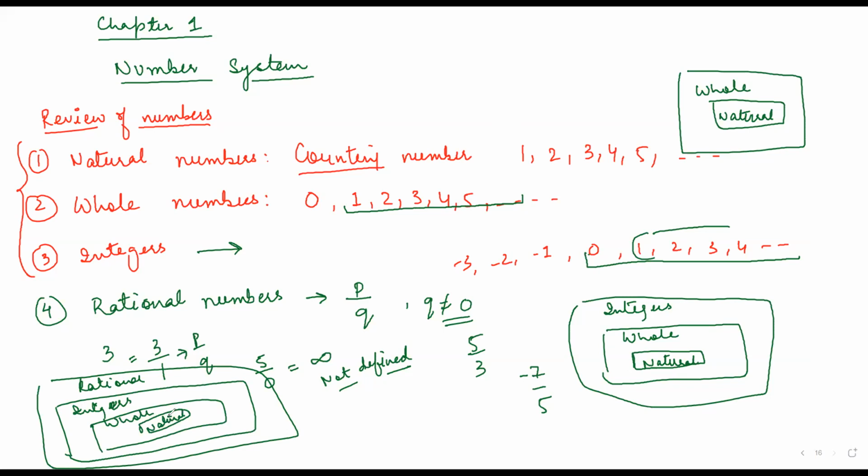So rational numbers, integers, whole numbers, and natural numbers, these 4 we have known so far. Have you all written it? Please make this diagram also, it will make the picture clear in your mind. Very roughly just make it.